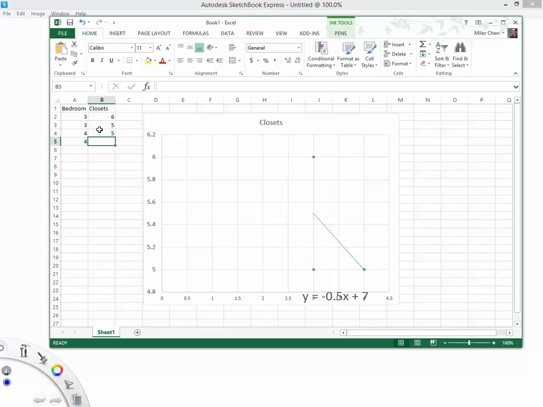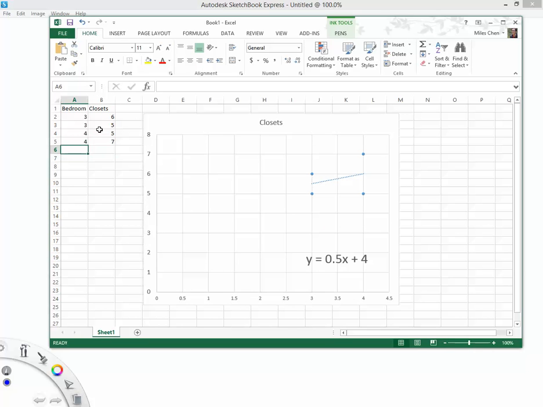Maybe we find a 2-bedroom house with 2 closets, and maybe a 1-bedroom apartment with 2 closets. And another 2-bedroom place, and maybe it has 4 closets.